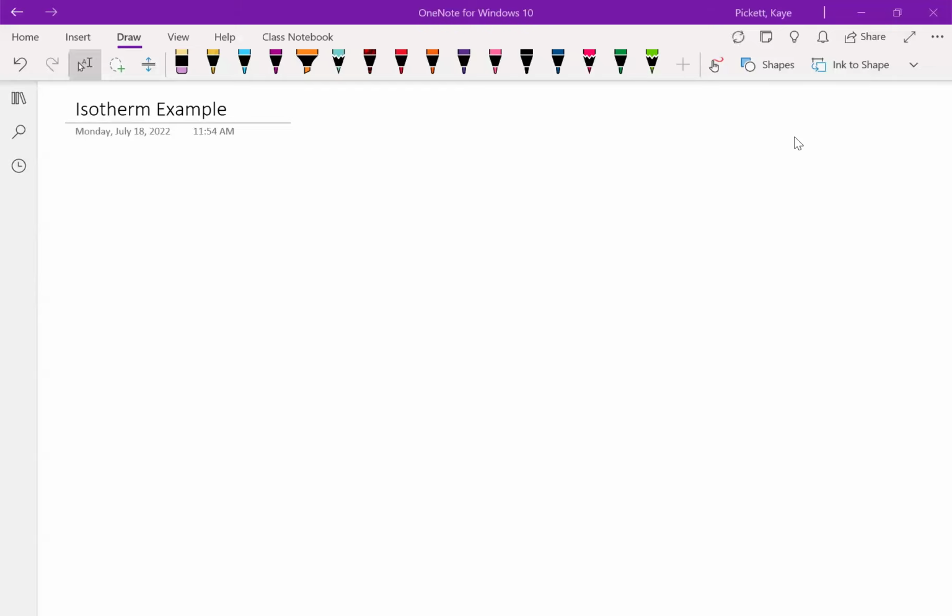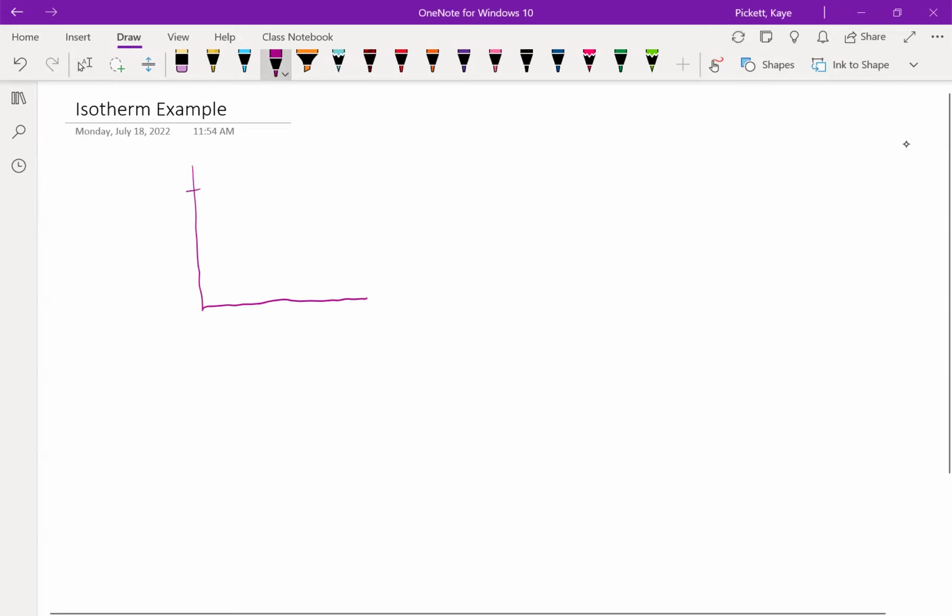All right, we're back again, and now we're going to talk about an isotherm example on our PV diagrams. So suppose I have this PV diagram, and I have 6.9 pascals and 4.8 pascals.